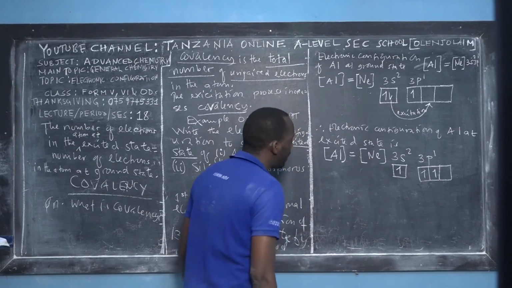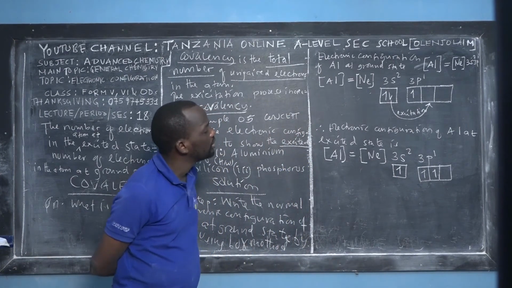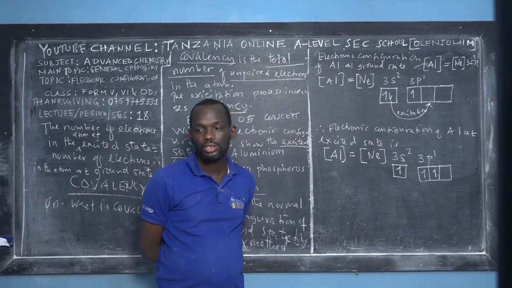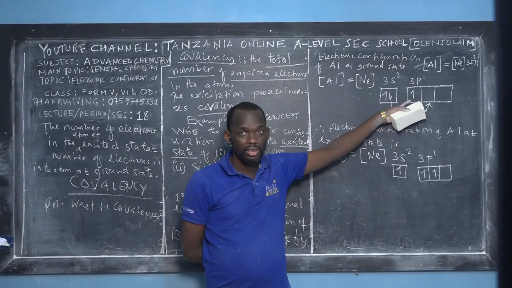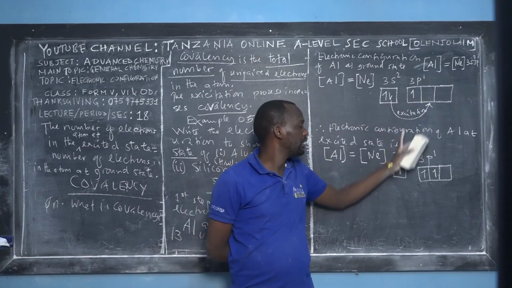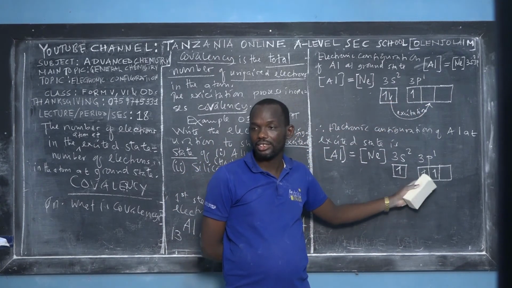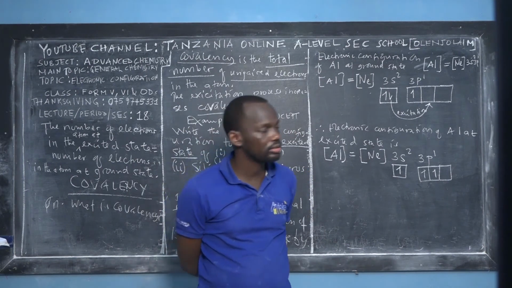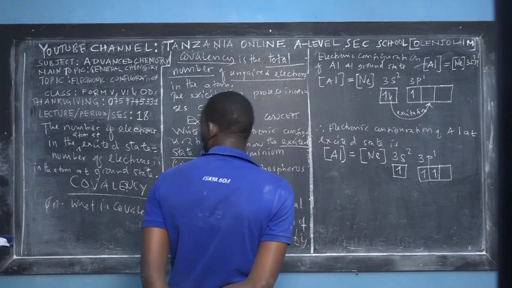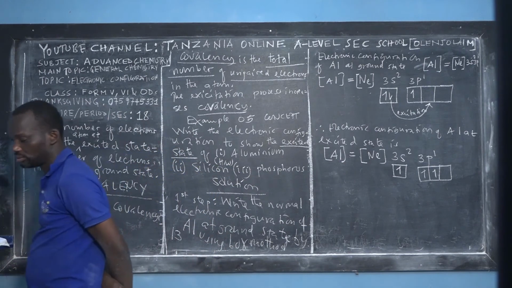So what happens after that process of excitation? The covalence has increased. Before, we had only 1 unpaired electron. Listen carefully. Here you have 3 unpaired electrons. So the number of unpaired electrons has increased. So that's the response for that question.